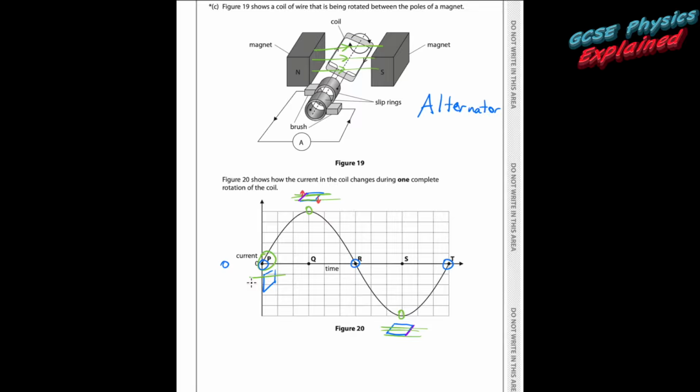There's your magnetic field lines coming through here. When the coil is spinning like that, it's not actually going to be cutting through any magnetic field lines. So your current's 0. So your coil will be vertical there as well, and it'll be vertical there.